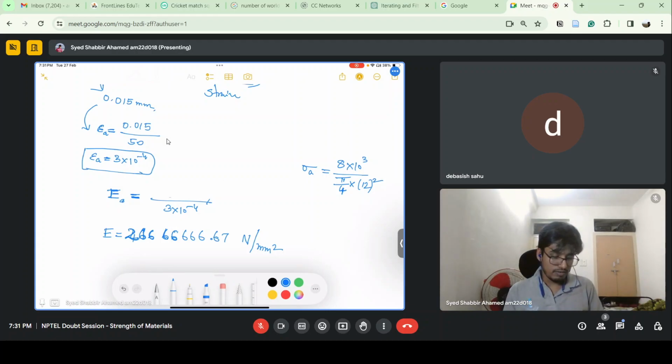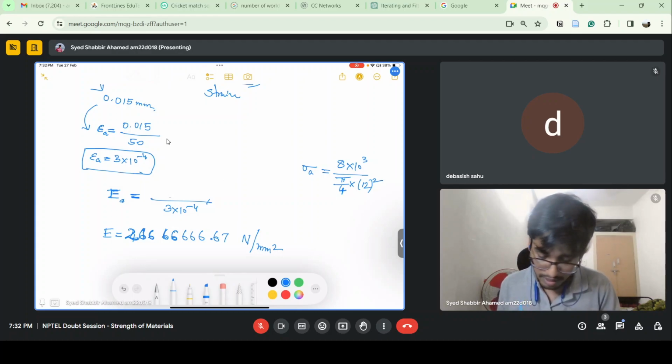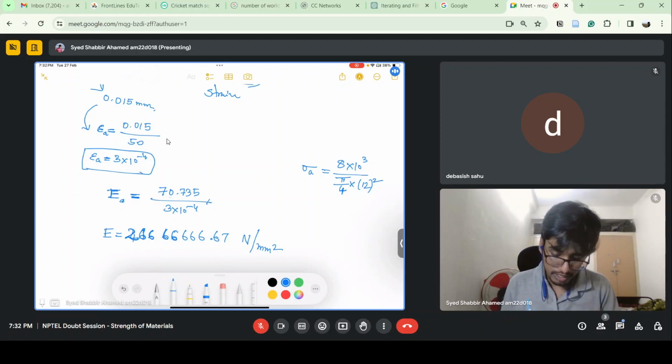So 8 into 10 cube divided by pi by 4 d square, I'll get 17.735. And now using this, I can calculate.